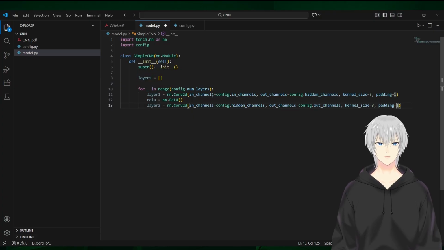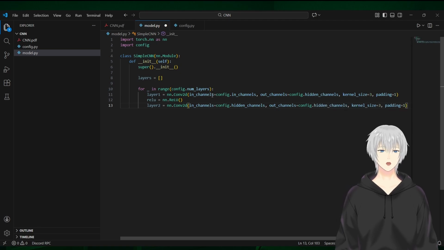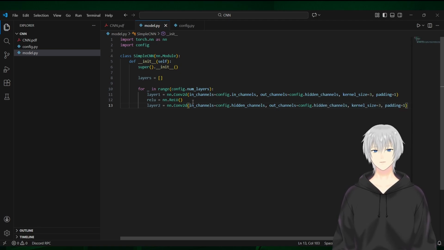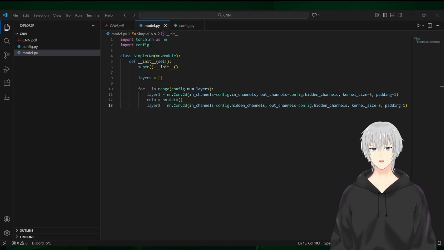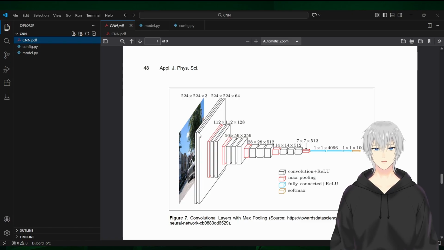Okay, so what we are going to do is instead of doing out channels, we are going to do config.hidden_channel. And from what I can see, wait, where did I research? Oh yeah, there's the research paper. So we have two convolutional plus ReLU first.